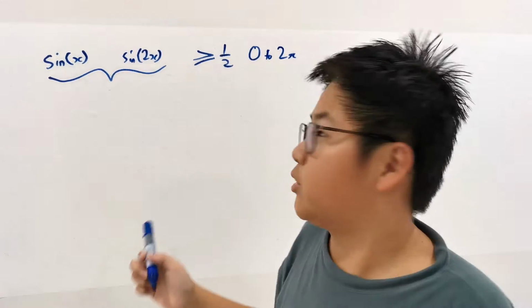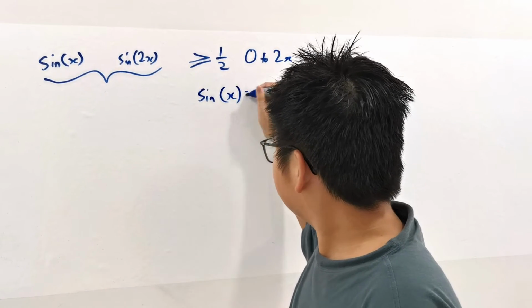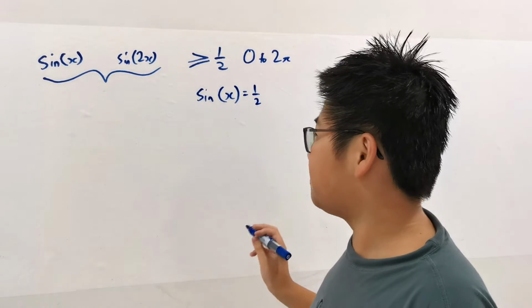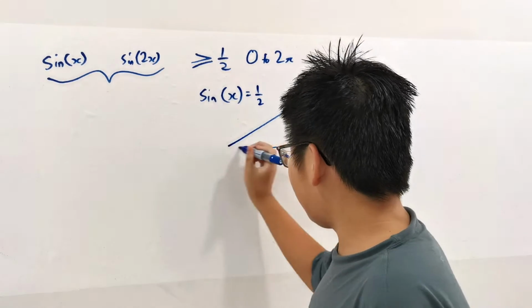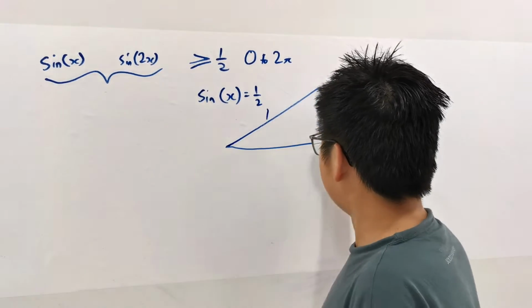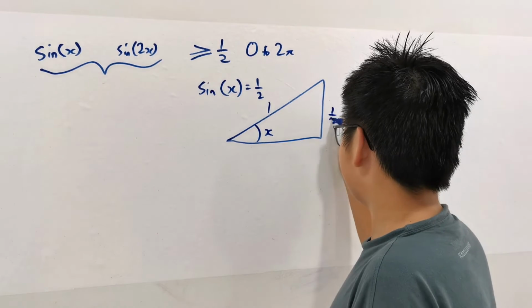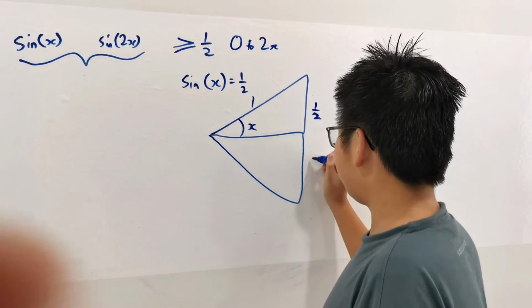what number sine equals half? Well, we can write this as, yes, I know this is redundant, but we'll just show you this for a while. So, sine half means that this should be 1, and this should be half, and this is the x angle that we're talking about. Now, what happens if we piece two of these triangles together?